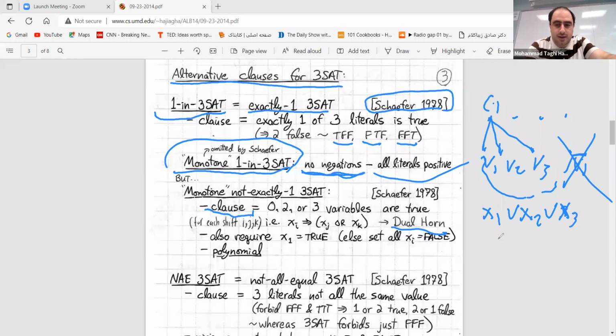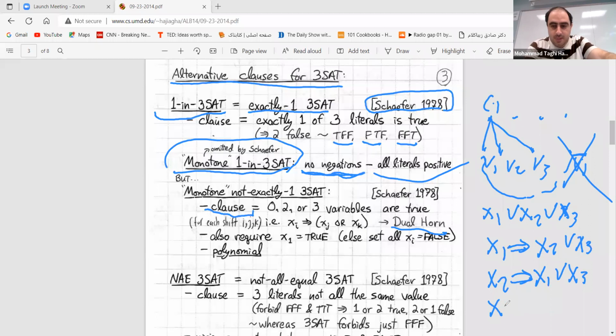So I can write it like this: x1 implies x2 or x3. Then I can write x2 implies x1 or x3. And then finally, x3 implies x2 or x1.